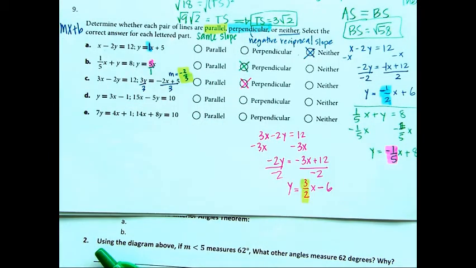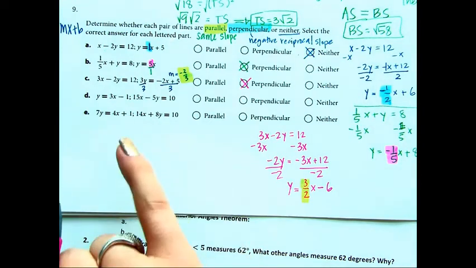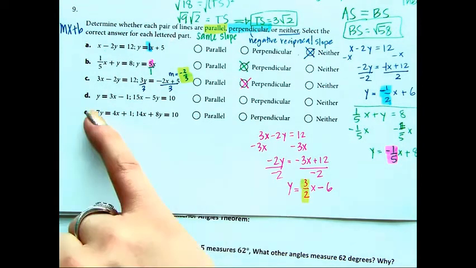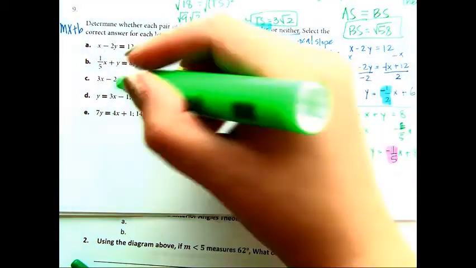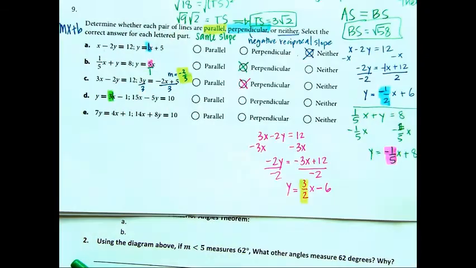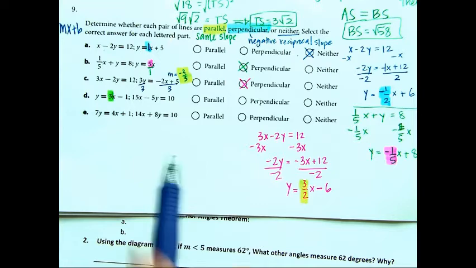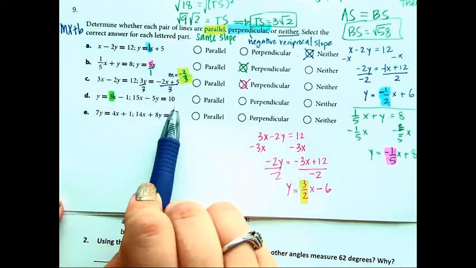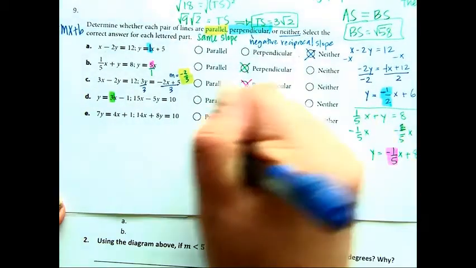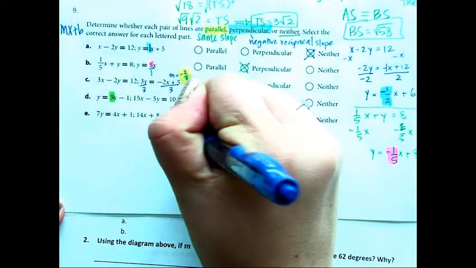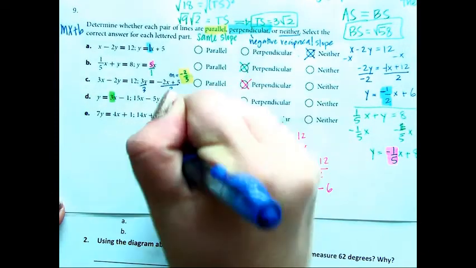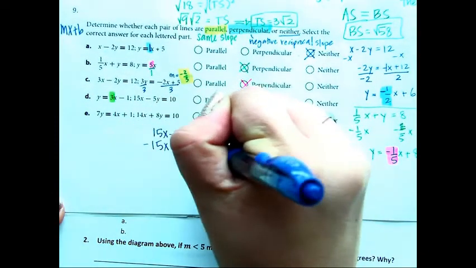Check. Part D now. My first equation, y equals 3x minus 1. That one is in slope-intercept form, so my slope there is 3. My second equation there, 15x minus 5y equals 10, is not in slope-intercept form, so I want to change that so I can find my m value. So we'll have 15x minus 5y equals 10. Subtract 15x from both sides.